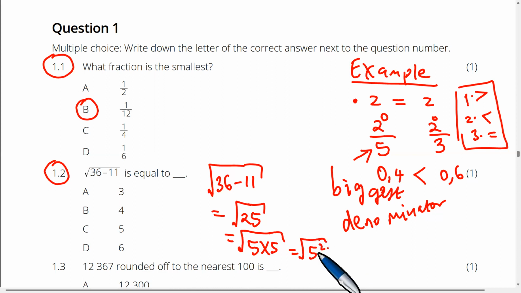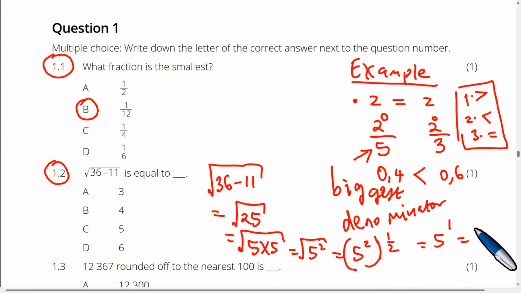The square root removes the square in the following manner, because the square root is the same as the power 1/2. So 2 cancels 2, and you have the power 1, and that is 5. So the correct answer to this one is equal to 5.